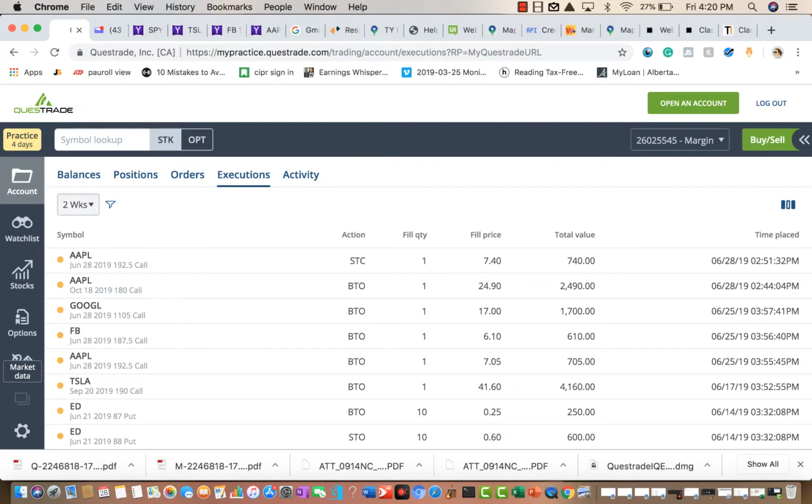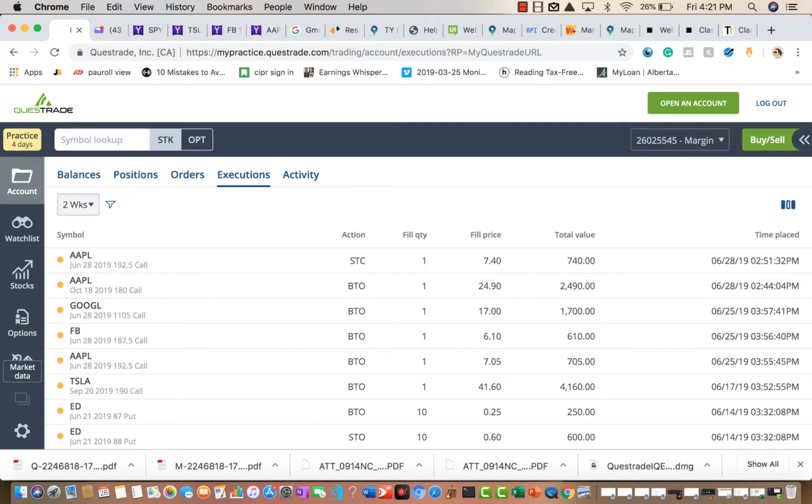And what I did was I buy to open, because when you're entering a trade, when you want to buy a call option on a particular stock, you want to buy to open that trade. All right. And fill quantity, the number of contracts I did is 1. Fill price is 7.05. Total value is $705.